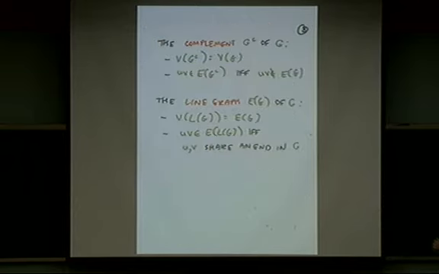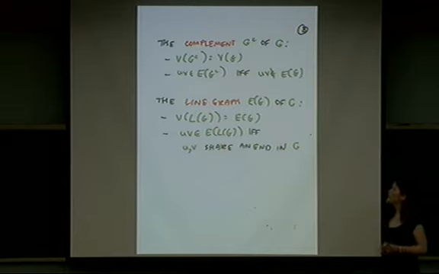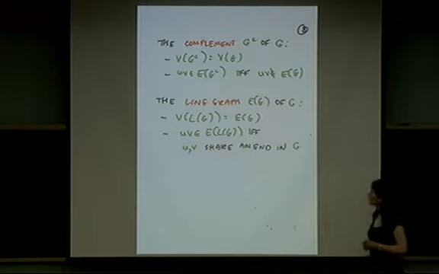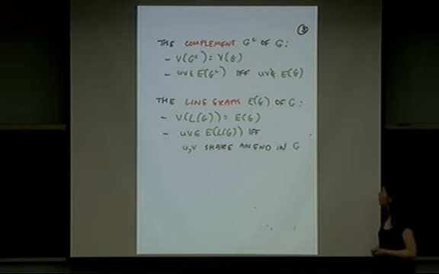Here we go. First of all, complement, let me say it again because now it's actually important. If I start with a graph, its complement is a graph with the same vertex set, and a pair of vertices is an edge of G complement if and only if it's not an edge of G. And then line graphs are the following. You start with a graph, and now you're going to construct a new graph that records the intersection pattern of the edges of the graph you started with.